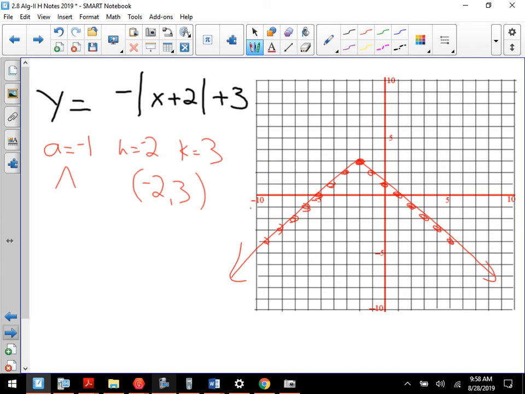So, I've been thinking about H and K, and then I've come up with circles, where the equation of the circle would be, yeah, you guys did that last year. Yep.